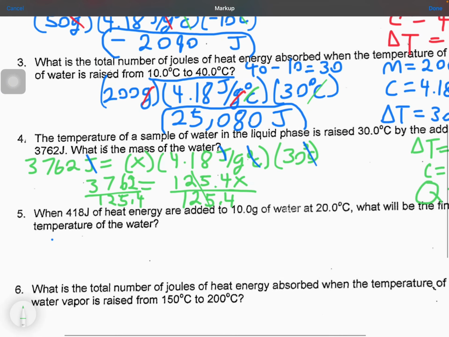And when we do, we find that our X value is equal to, hold on one second, 3762 divided by 125.4. That comes out to be 30 grams. And that's our answer.